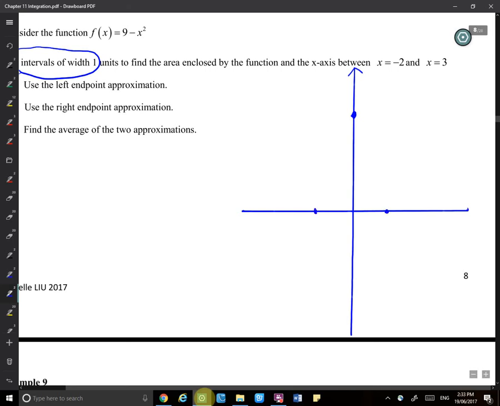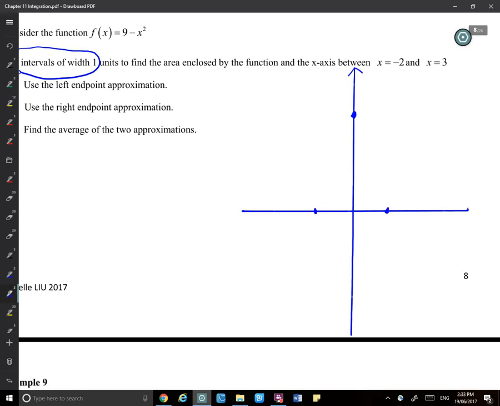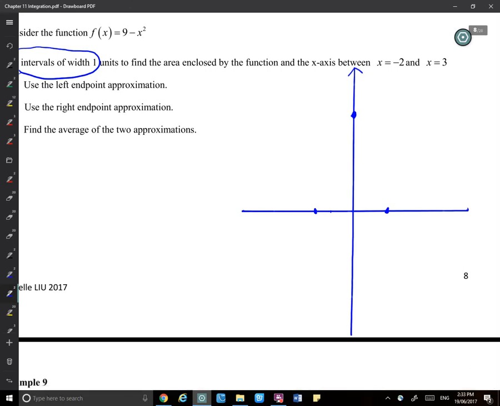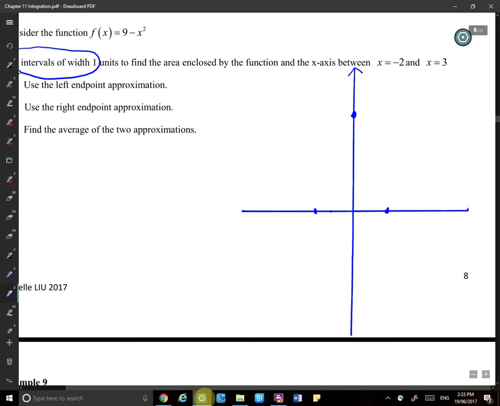And then we have -2. -2 will give you 5. So that's the shape of the graph.